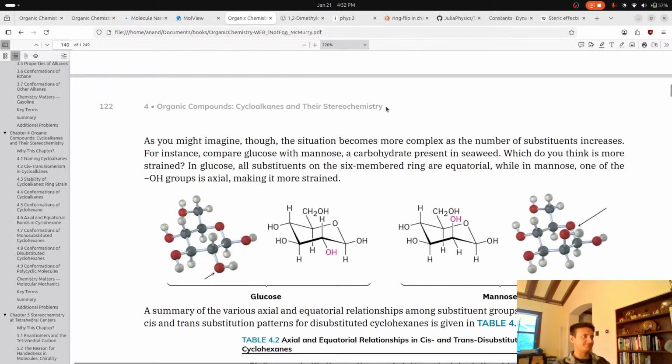Let's keep reading. As you might imagine, though, the situation becomes more complicated as the number of substituents increases. For instance, compare glucose with mannose, a carbohydrate present in seaweed. Which do you think is more strained? In glucose, all substituents on the six-membered ring are equatorial.